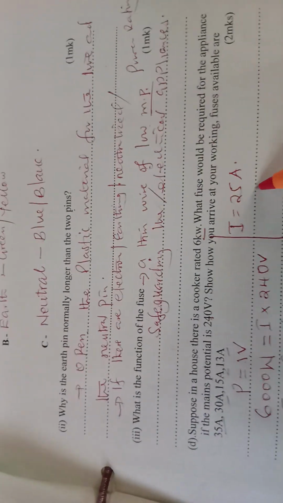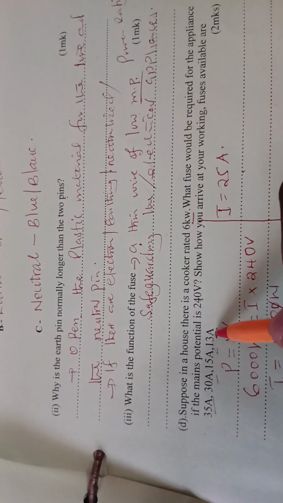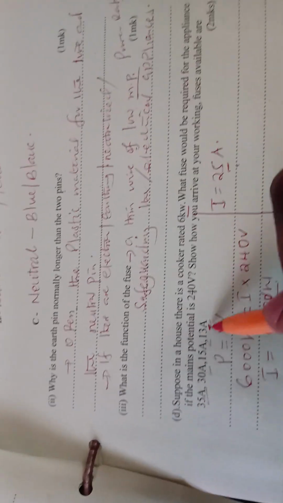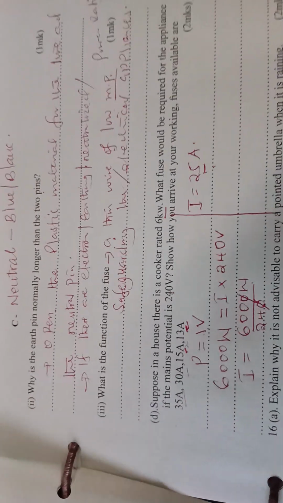That is what we are getting as our current. So which will be the appropriate fuse to be used? From the options, you can see that the current required is 25. So 13 and 15 are below the current that is supplied.